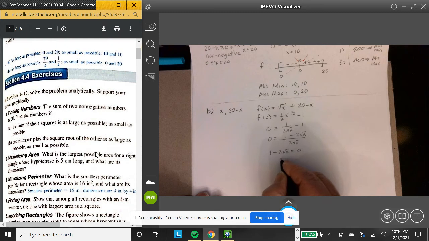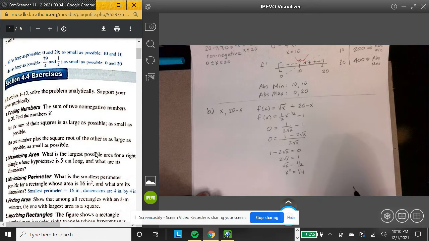So we get 2 root x equals 1. Root x equals 1/2. If I square both sides, I get x equals 1/4. So if x is 1/4, the other number is 20 minus x, which is 19 3/4.